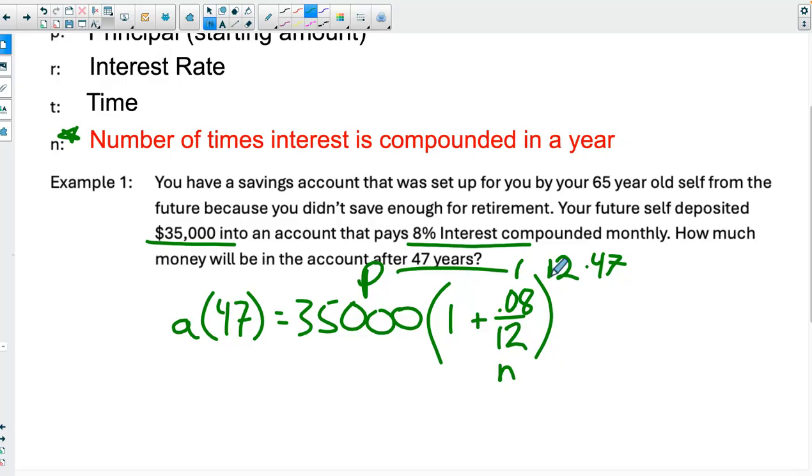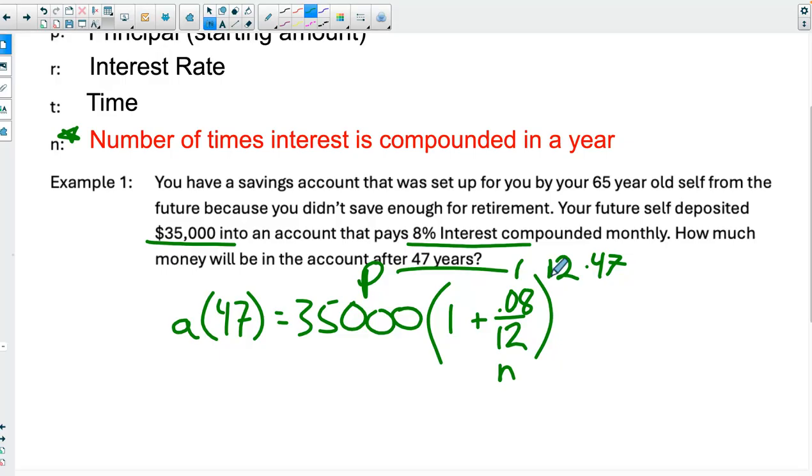But we type just that little thing and we hit enter and we get 1.00666, and then a 7. All right, so we got that.